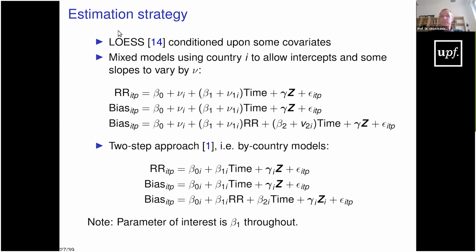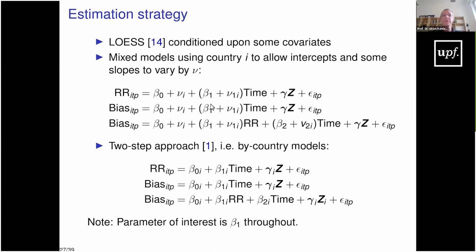We use mixed models using country IDs to allow intercepts and some slopes to vary between the countries. And then we also use a two-step approach. That means we do country-separate models where we allow all parameters to vary over countries. In all these cases, the parameter beta 1 is the parameter of interest.